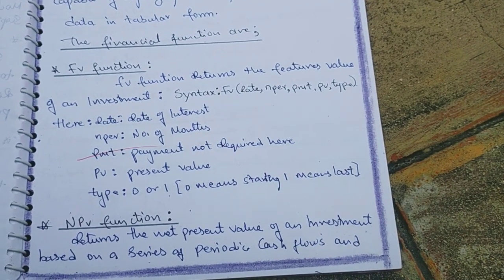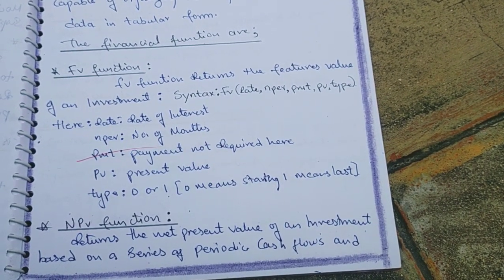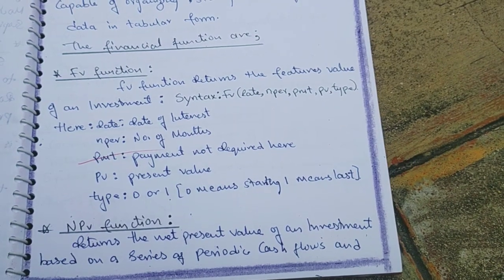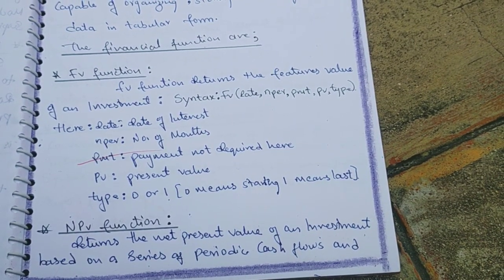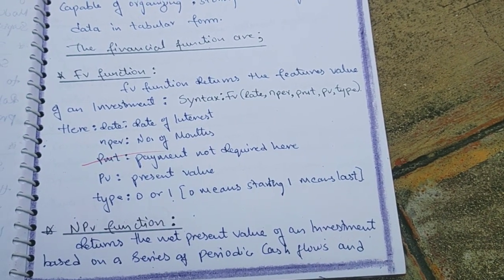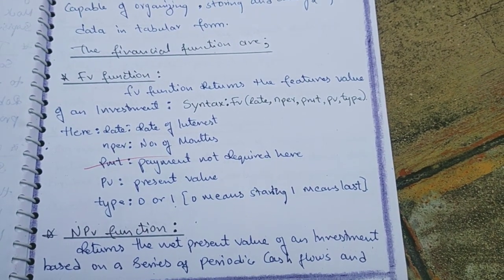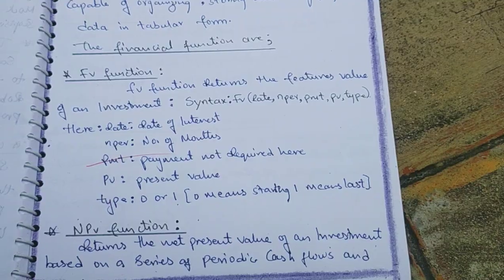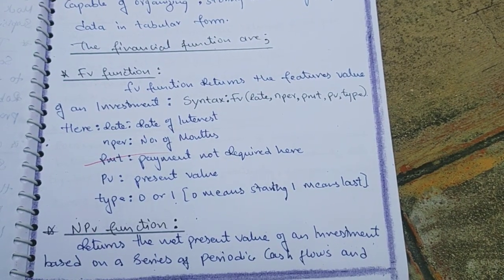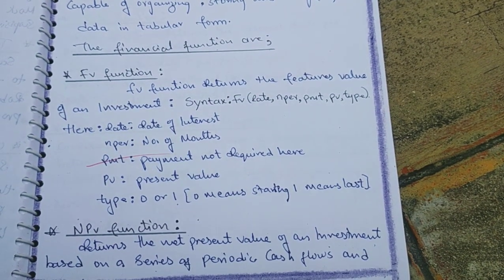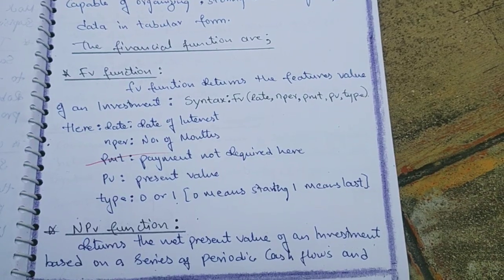The syntax is FV open bracket rate, NPER, PMT, PV, type, close bracket. Rate is the rate of interest, NPER is the number of months, PMT is payment, not required here, PV is present value, type is 0 or 1.